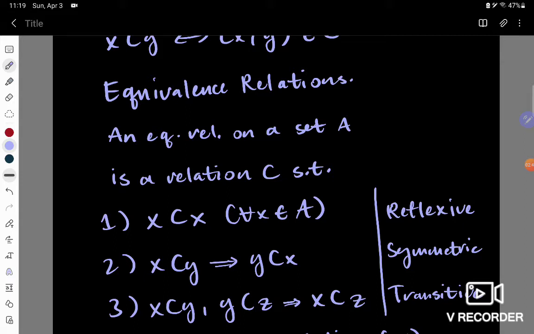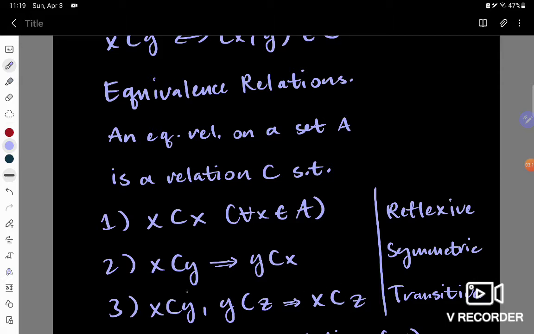The second one is that if x is related to y, then y is related to x. So it's symmetric, because one implies the other, and you can switch it around to have a valid point in an equivalence relation. The third, which is referred to as the transitive axiom, or transitivity property, is that if x is related to y and y is related to z, then this implies that x is related to z.